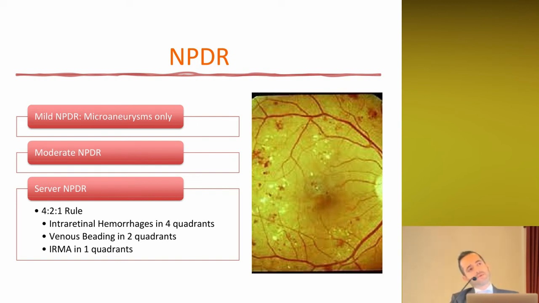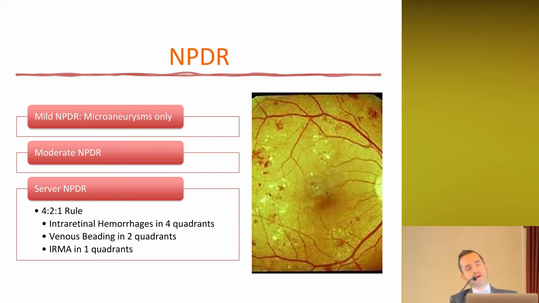But as the disease progresses, we have this 4-2-1 rule to classify patients that have severe NPDR. The 4-2-1 rule goes like this. If someone has intraretinal hemorrhage in all 4 quadrants on your clinical exam, that patient is classified as having severe NPDR.